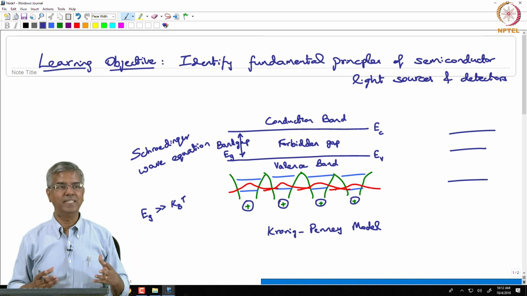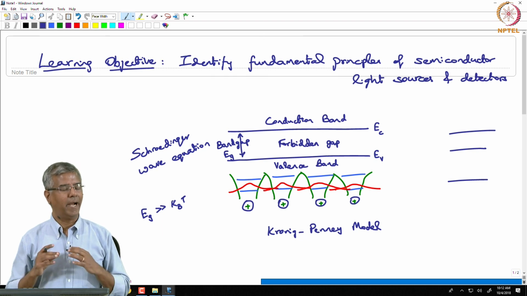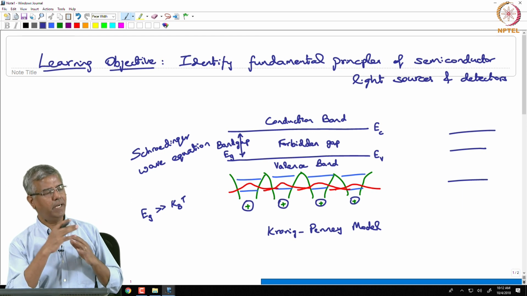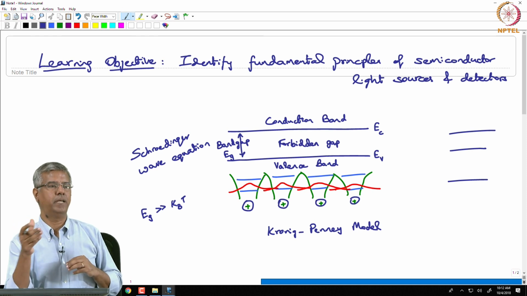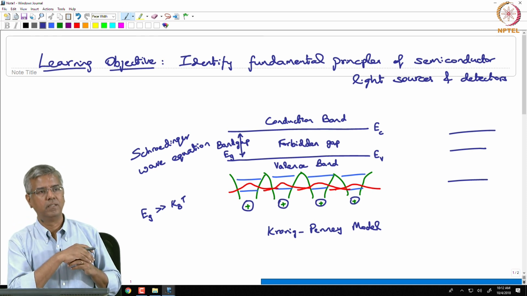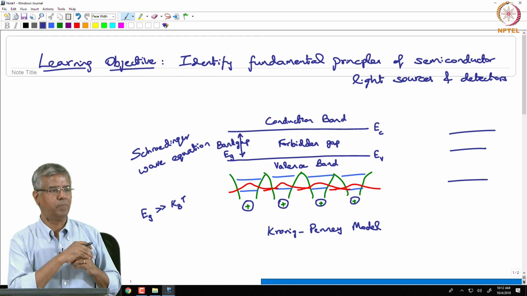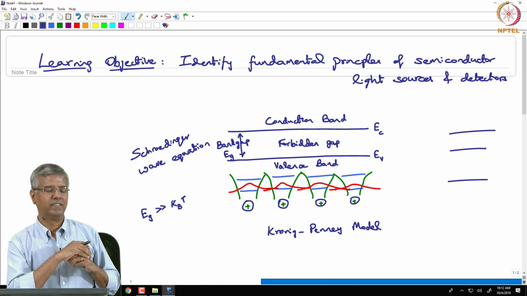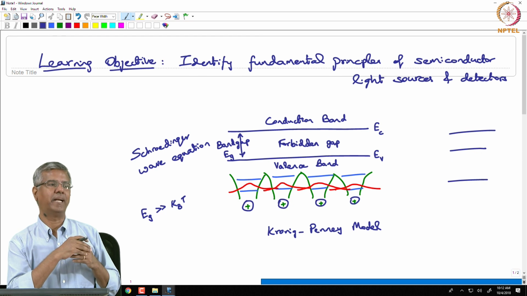So it essentially acts like an insulator at 0 degree Kelvin, but as you elevate that temperature, you have a finite probability of an electron existing in the conduction band, in which case it starts conducting, right, and then it becomes what is called a semiconductor.